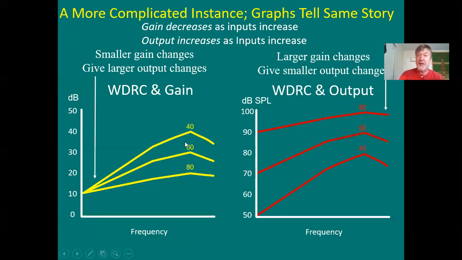Look at the 40 line on the left. If my gain at this low frequency was 10 with a 40 input, then look at this, my output was 50, because 40 in plus 10 dB of gain is an output of 50. The red is output. And look at the peak at the 40 here.